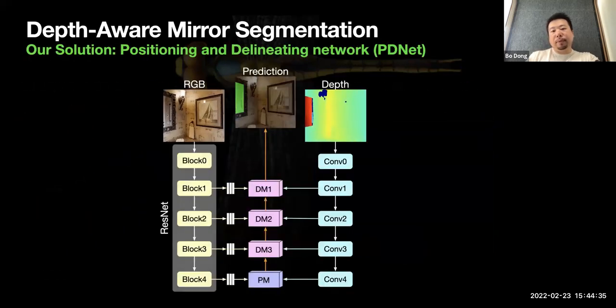That's what we proposed, PDNet. Basically, the network architecture itself is very simple. It's basically just a U-Net. If we move the depth branch to this side, basically there are two encoders, each encoding the depth and the RGB domain, and then the decoder side generates the mirror mask.